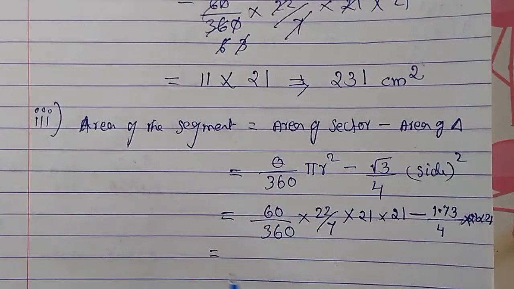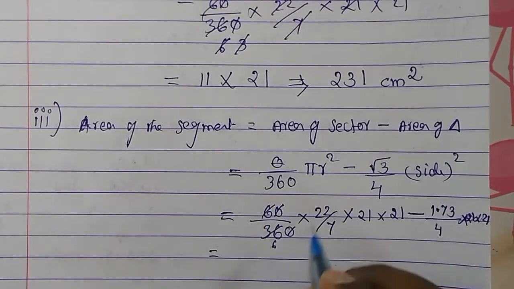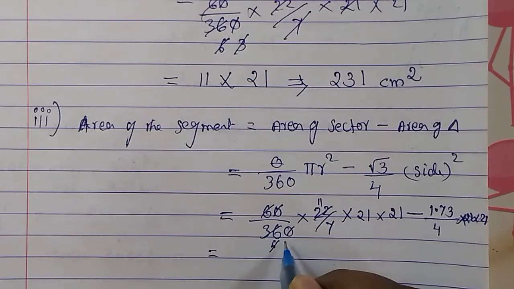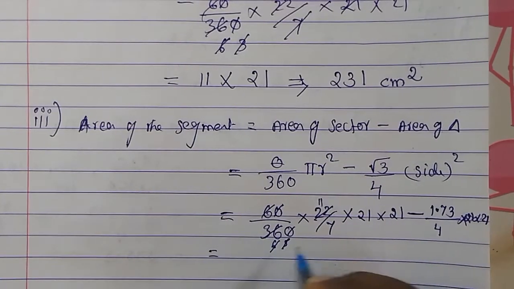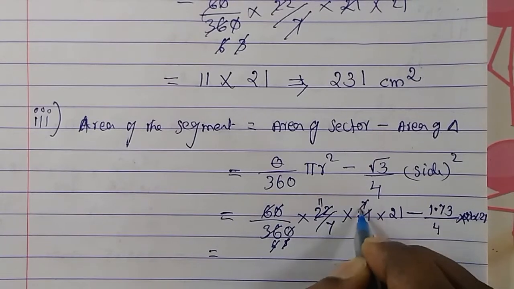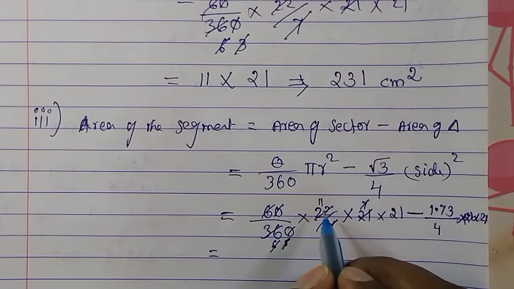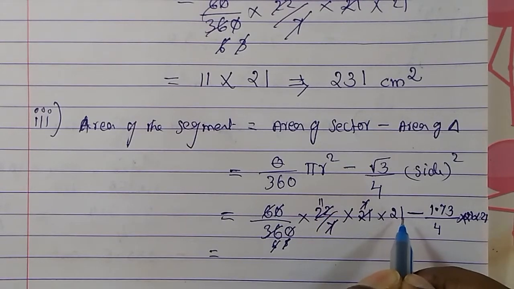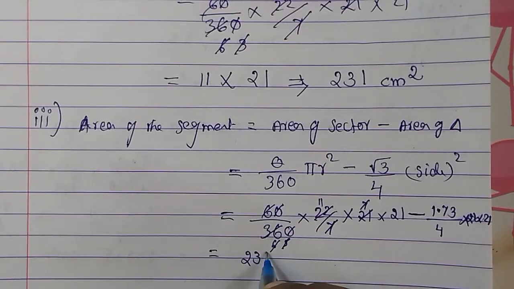So now let's calculate. 6 times 36, again 2 times you can cancel, then the 3 here becomes 7, then 7 will get cancelled. You are left with here 11 and 21. When you multiply these two, will become 231.